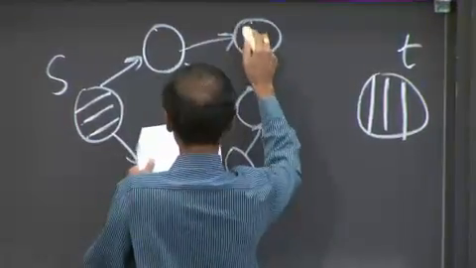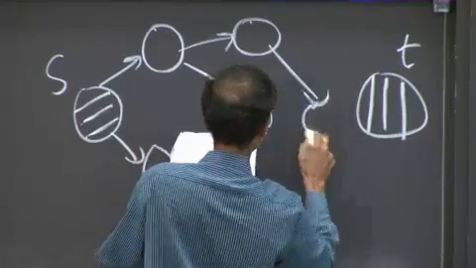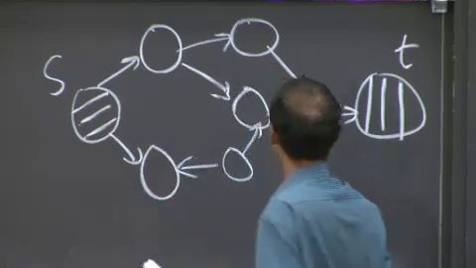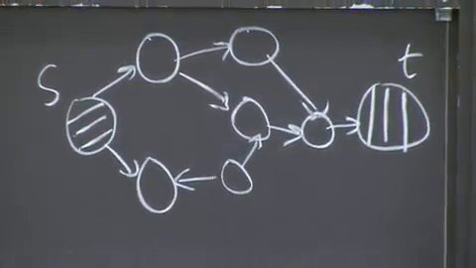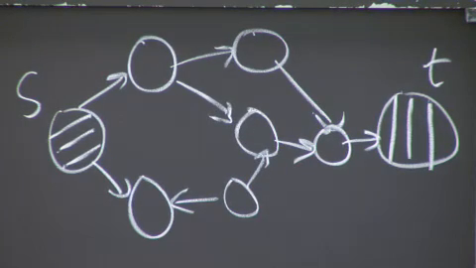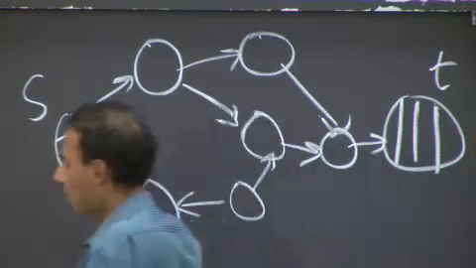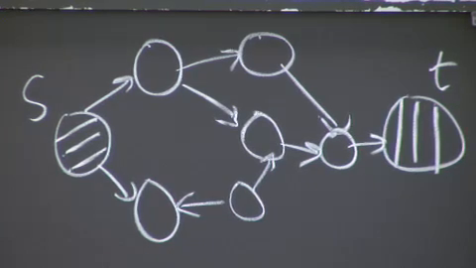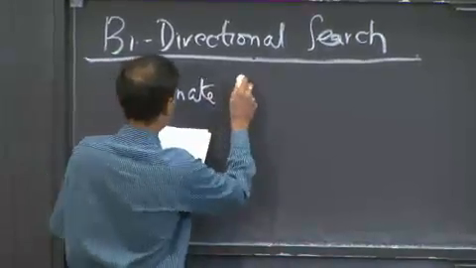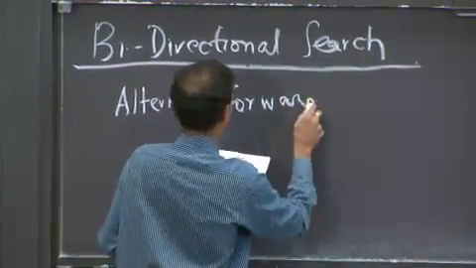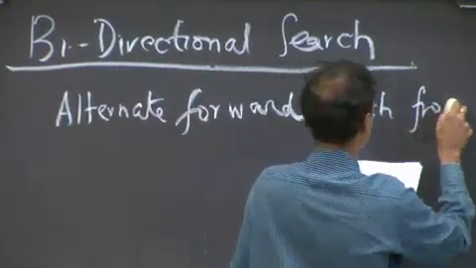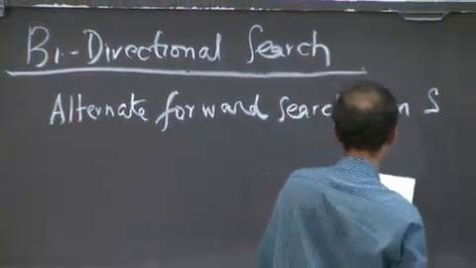Corresponding to this graph here, what you do is you alternate search in the forward direction and the backwards direction. So you're going to do one step of standard Dijkstra, which starts with S and goes forward.